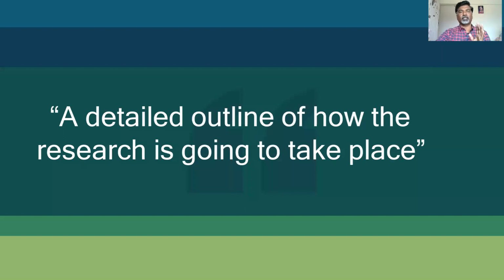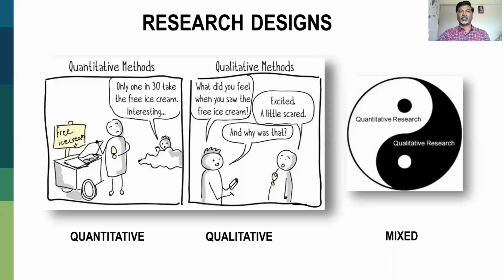To complete my objectives, what type of activities do I have to conduct, experimental activities or survey-based or fact-finding activities? Basically, research is classified into quantitative research and qualitative research. If you are collecting the data in the form of numbers, in the form of quantities, that research is called quantitative research.